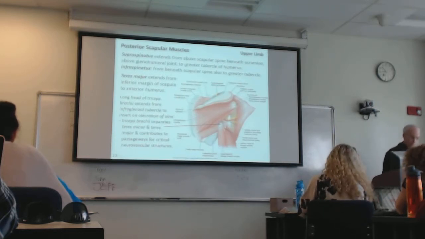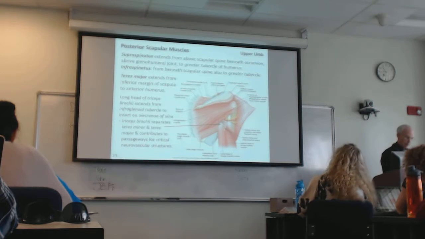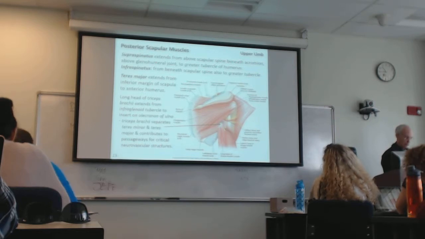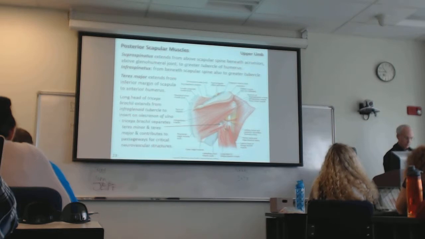Now, I mentioned that I would encourage you to think about the openings, the spaces, the intervals created by these two heads of the triceps here and the two components of the teres, one of which we see clearly here and running along there.